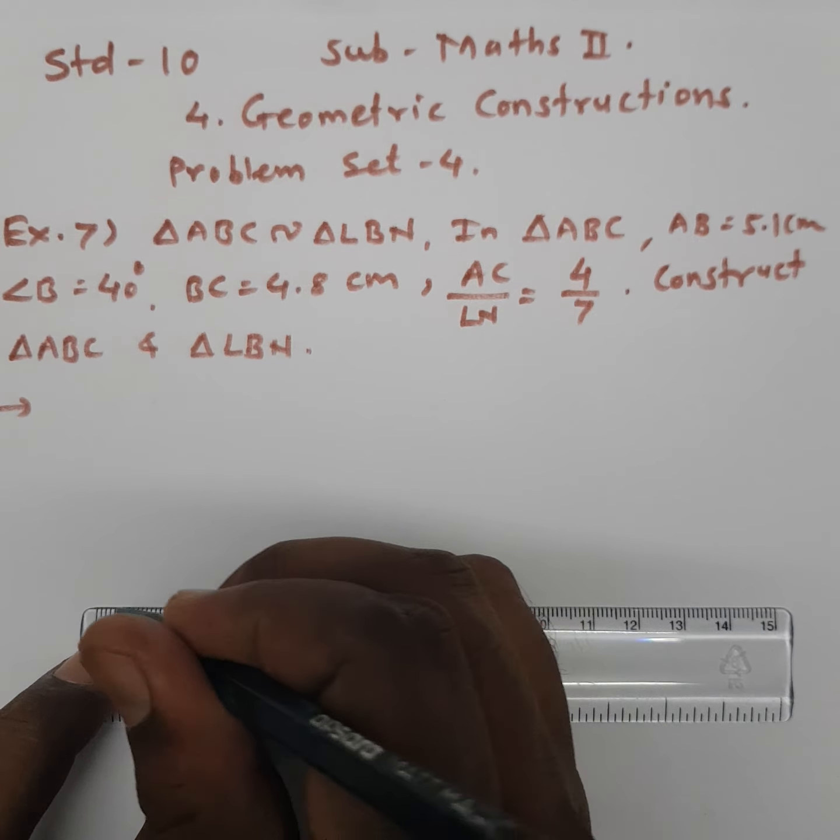Then the proportion of sides is 4:7, means the sides of triangle LBN will be larger. The proportion is 4:7. So to draw that triangle we have to extend these corresponding sides AB and BC. Now join these 2 points. This will be triangle LBN.